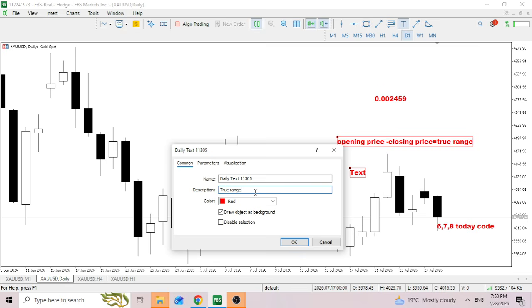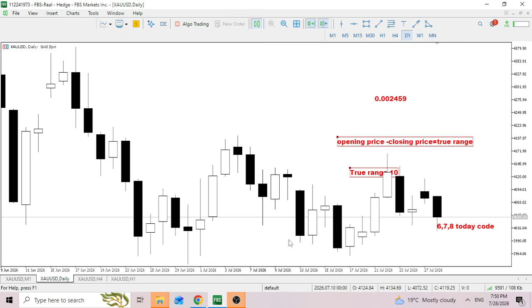As a computer engineer, we are used to using a comma as the multiplication sign. Comma 10. Multiply by 10. That comma means multiplication.